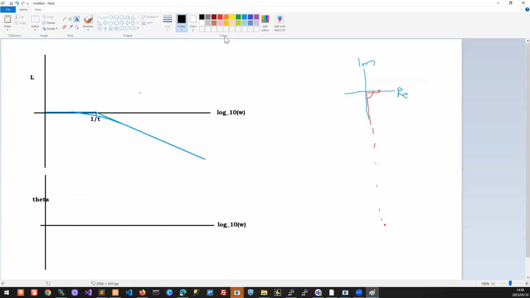And so for low values of omega, we will have a 0. So at low values of omega, your angle is 0 because your real part dominates there. And then at high values of omega, your negative imaginary part dominates, and we get something like that. So it goes to minus 90 degrees. We should label that. Minus 90 degrees here.